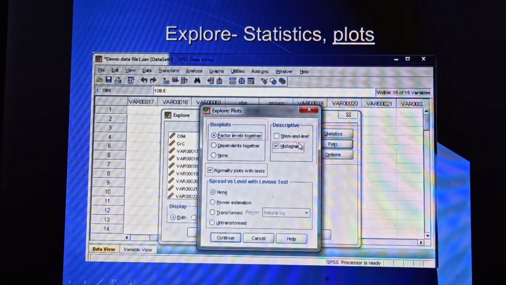For plots, we have the histogram plot, the box plot, and the normality plots with tests. In the same explore category under descriptive statistics, you have these three categories. Options, we keep them as they are.